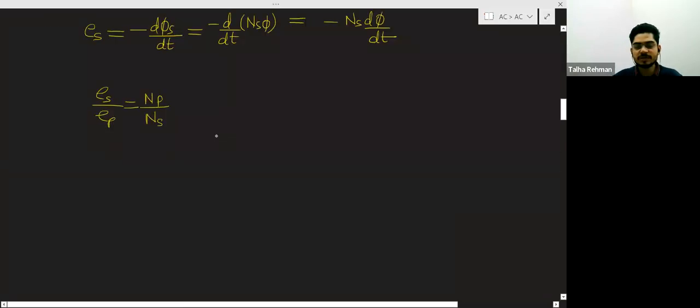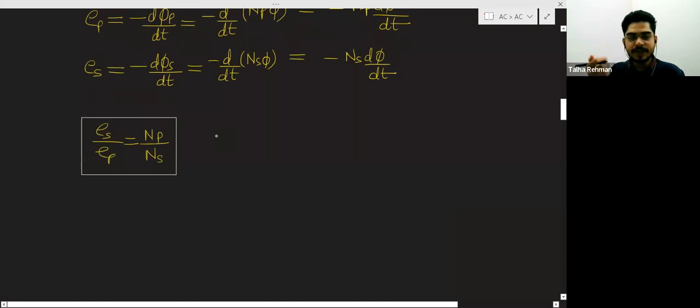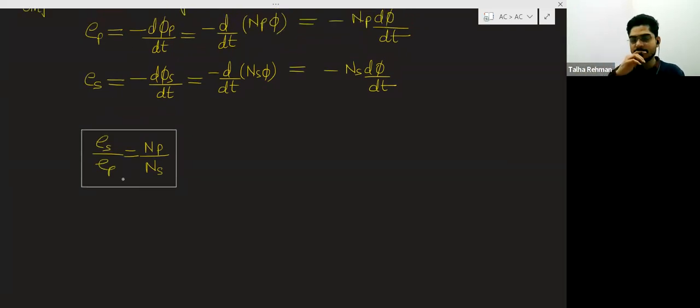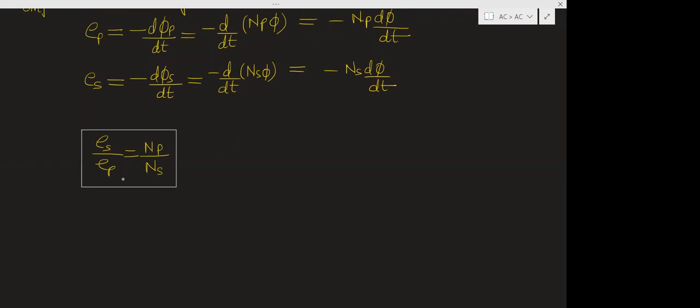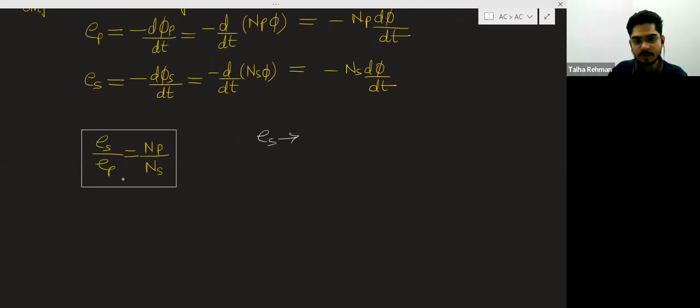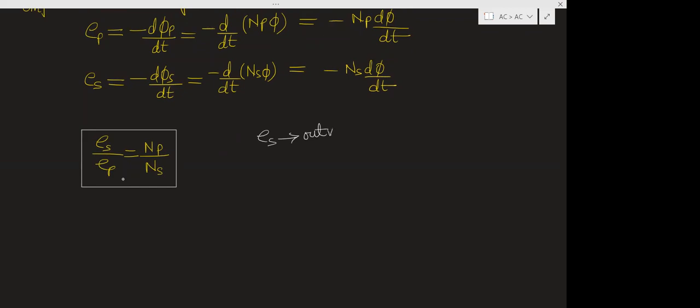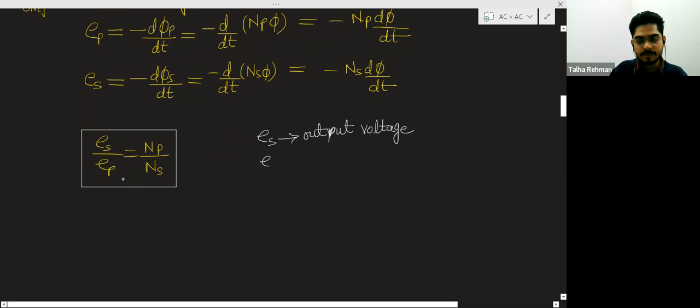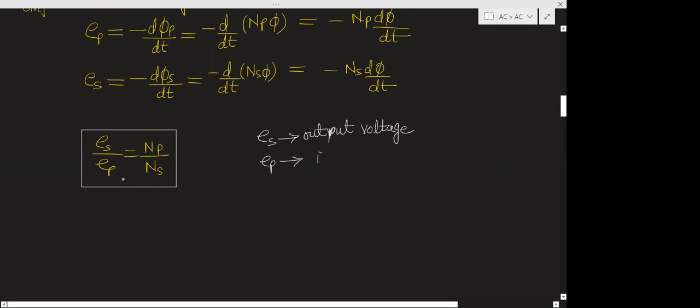What is ES? ES is just the voltage in the secondary winding, and EP is the voltage in the primary winding. ES is the output voltage and EP is the input voltage.